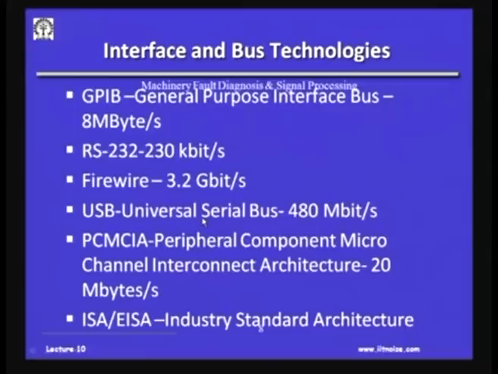The USB serial bus. So, basically all these cards can come in these different architectures, and USB is a plug and play architecture, and it also has a fairly high data transfer rate, that is 480 megabit per second. So, right now today we are using FireWire and USB.